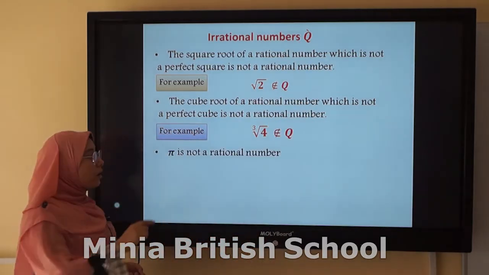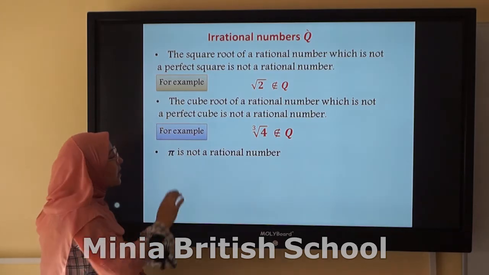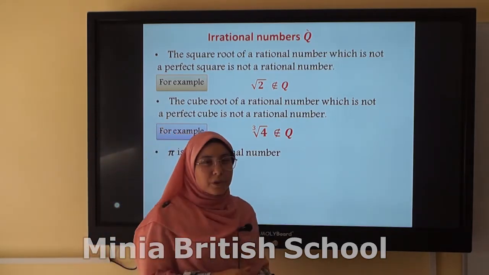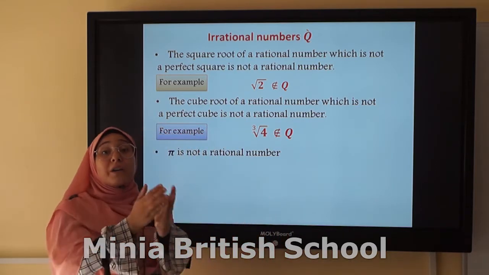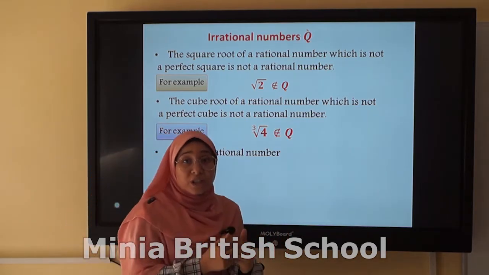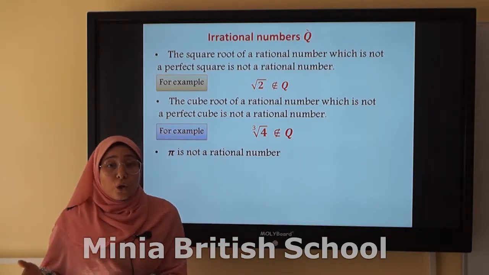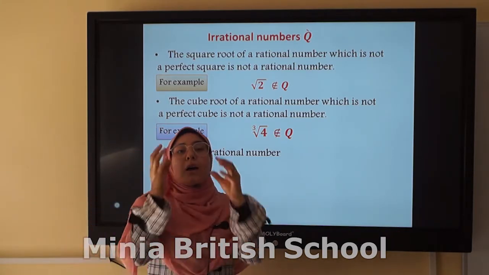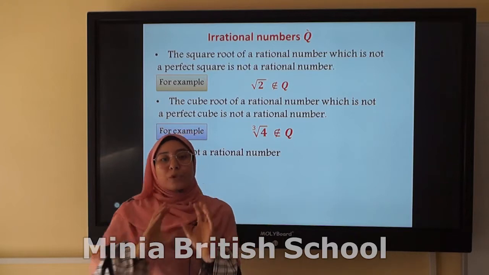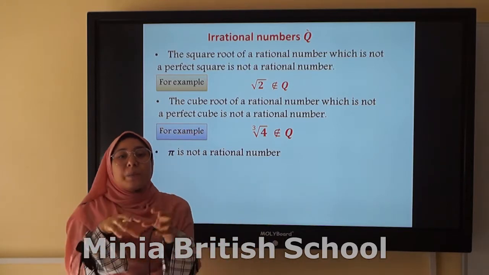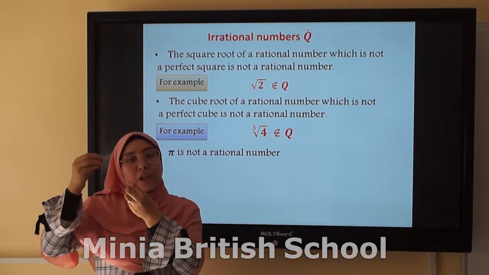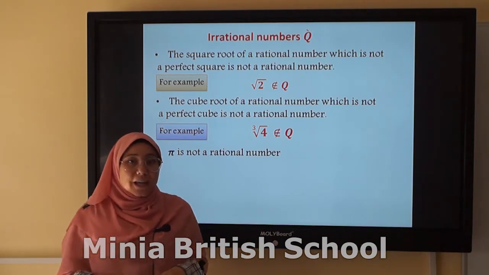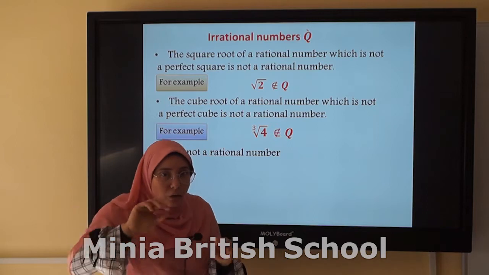The third one, pi. Pi is not a rational number. Miss Sarah, pi equals 22/7 and 3.14? Its approximate value is 22/7 and 3.14, approximate value only.